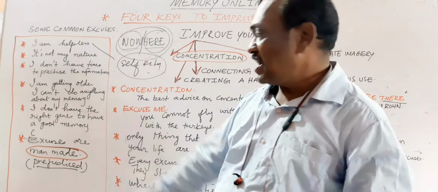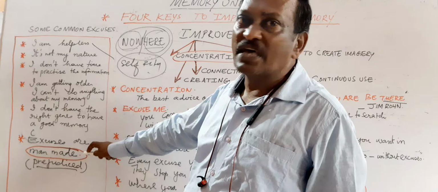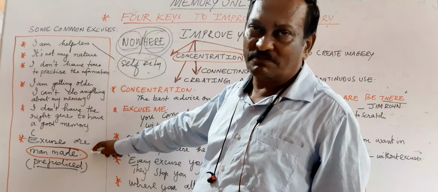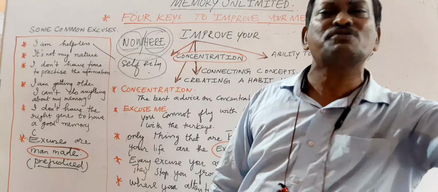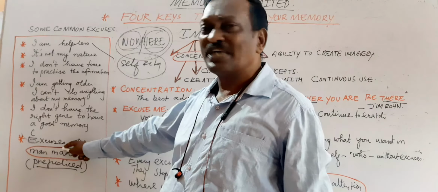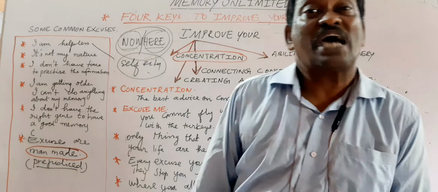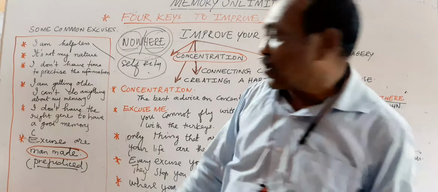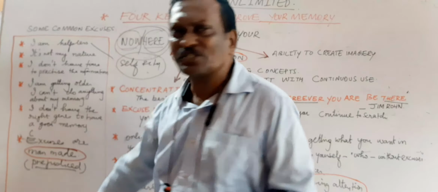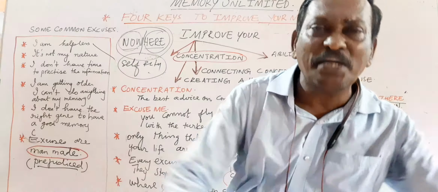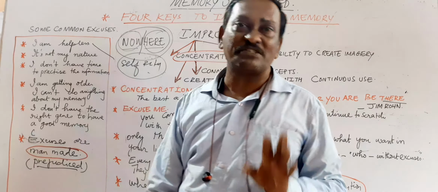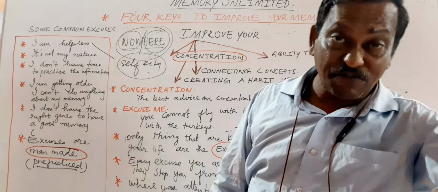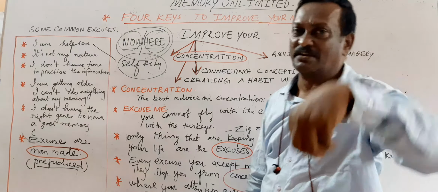And remember, excuses are man-made. They are not in anyone's nature. You are not born with excuses. Excuses are man-made. Excuses are prejudice. So, these man-made excuses can be avoided at any point of time. But it all depends on how you get rid of them, the kind of effort that you put in.